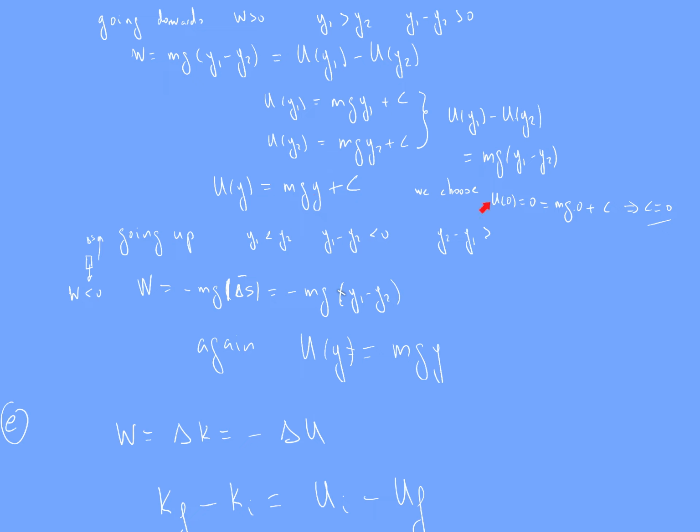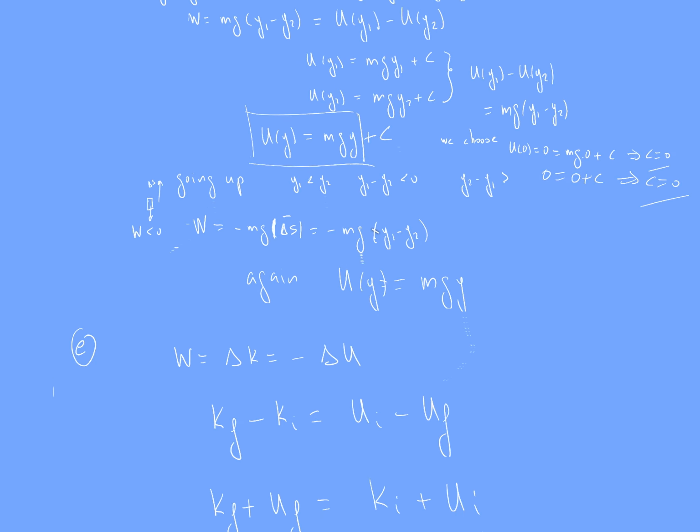So if we choose U of 0 when y is 0, this will be mg times 0 plus C. This fixes the constant C. Zero equals 0 plus C, so C equals 0. So if you choose the floor to be the level of potential energy 0, then C is 0, and the expression without the C will take place.